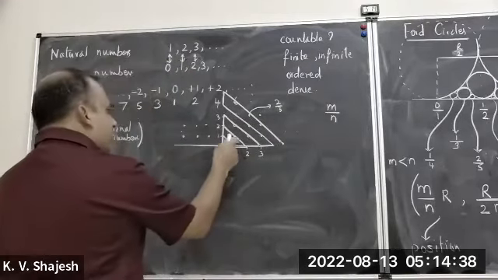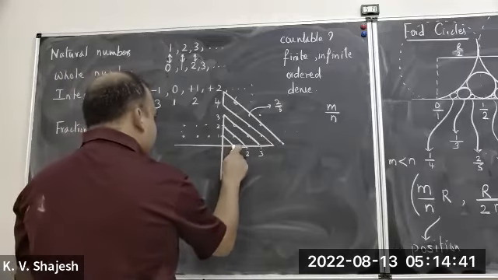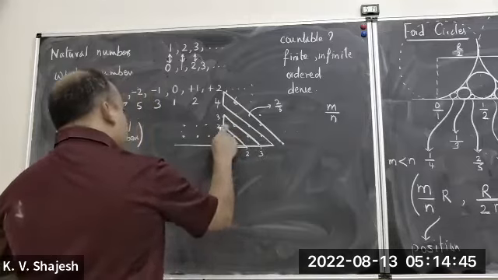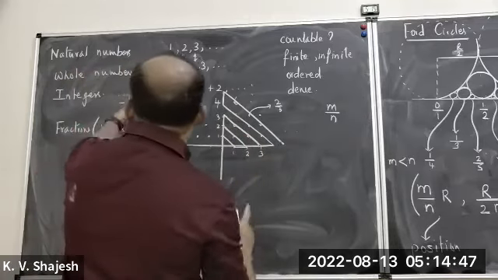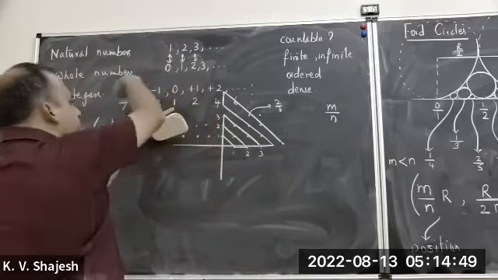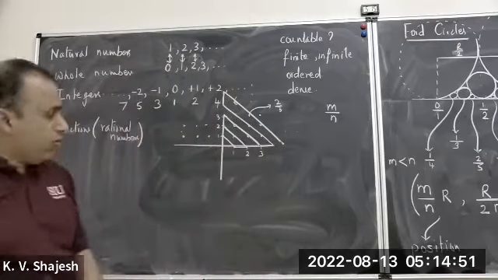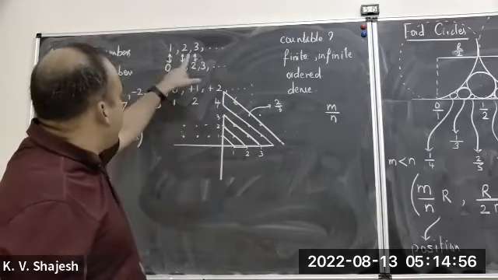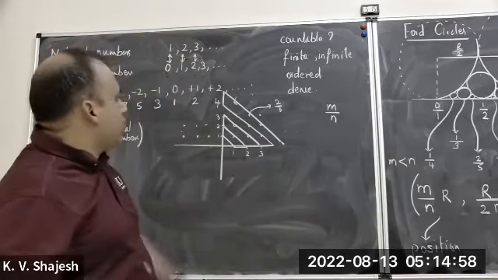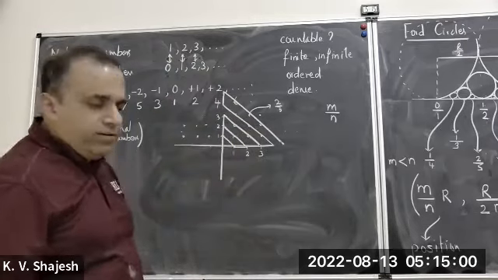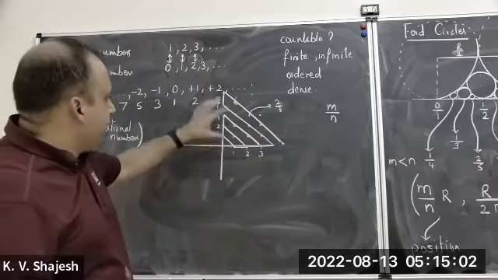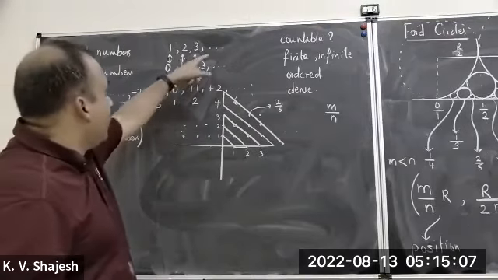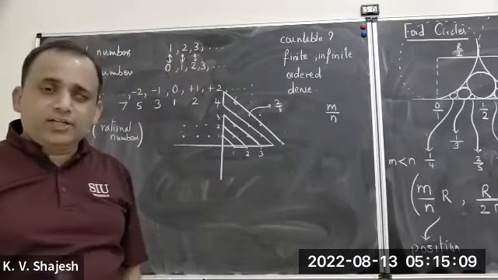Once I reach here, I will do this also, and then go here, then do this, then do this. Exactly like we did here, right? 1, 2, 3, 4. And there is a unique way of counting. So what I've shown is that, in this way of asking whether it is countable or not, the number of elements in the rational number set is exactly the same as the number of elements in the natural number set.